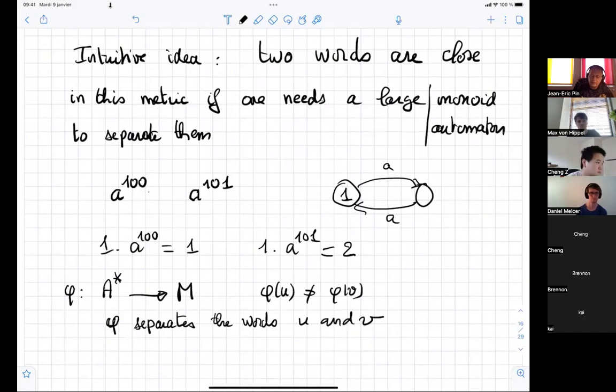So that's my definition of separating. So in this example, I can separate them by this monoid, the cyclic group, even, not even. Okay?